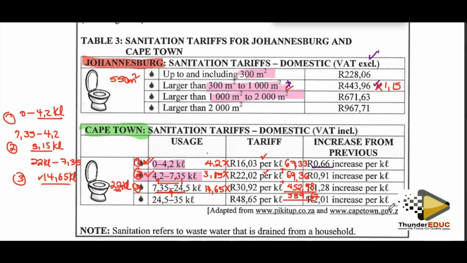All right. So in Johannesburg, we got the answer as 510.55. So we have the amount in Johannesburg. We've got the amount in Cape Town as 589.67. Remember that we are looking for the difference, so you need to subtract.